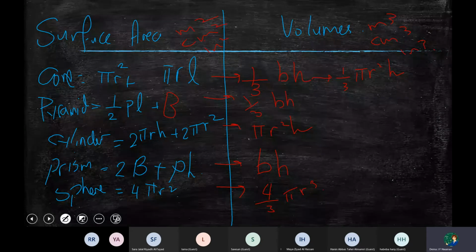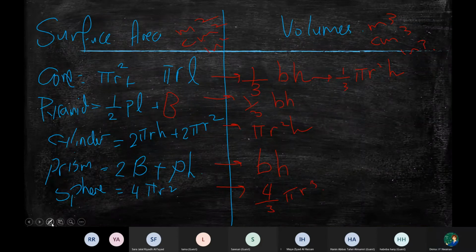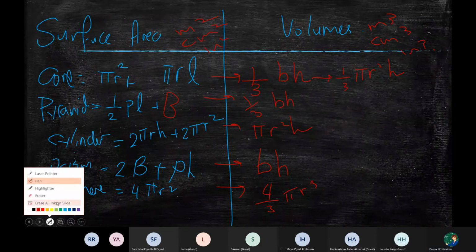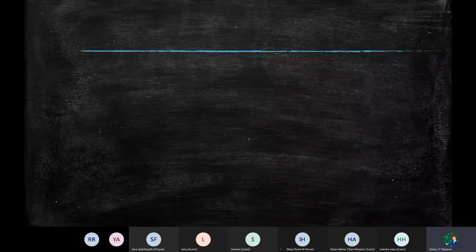Now let's have an example for the composite shape. We have a composite shape, and I want you to find its surface area and its volume. This will be like a quick revision.